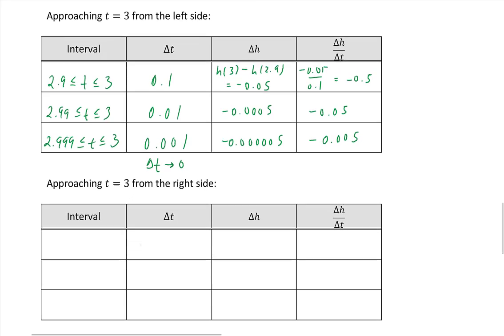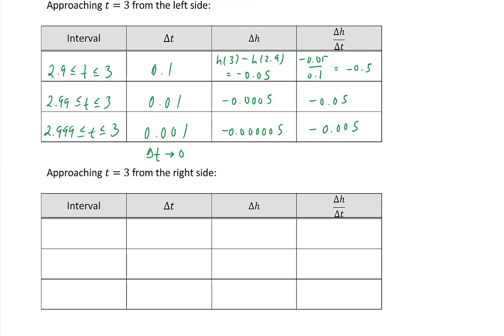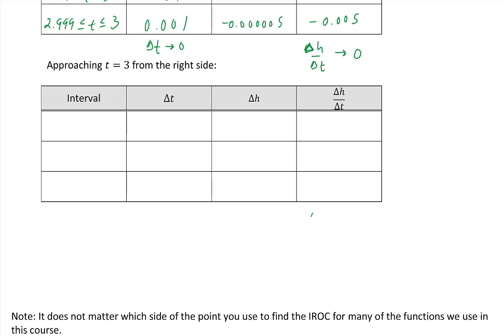We could try a few more, but hopefully you see that your delta h over your delta t is starting to approach 0. We're getting more and more zeros in front of that 5. So you can complete the next table, and hopefully you end up with delta h over delta t again approaching 0, which tells us that the instantaneous rate of change in height at time equals 3 seconds is 0 meters per second.